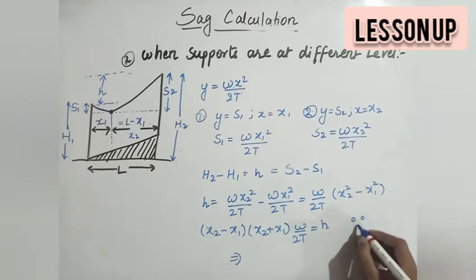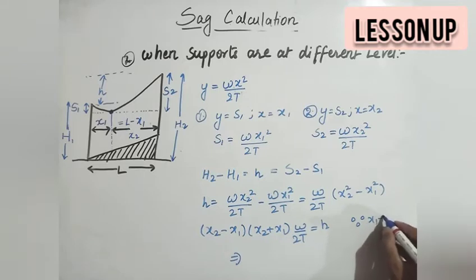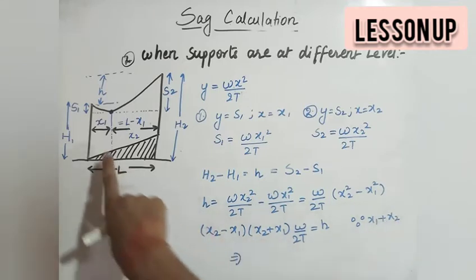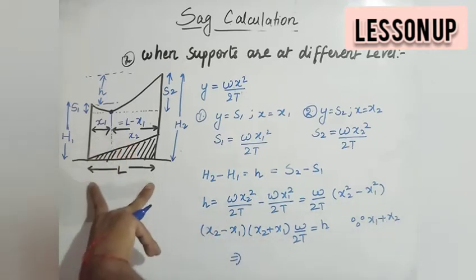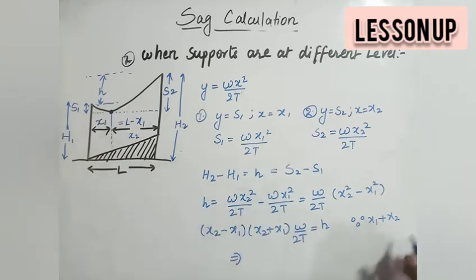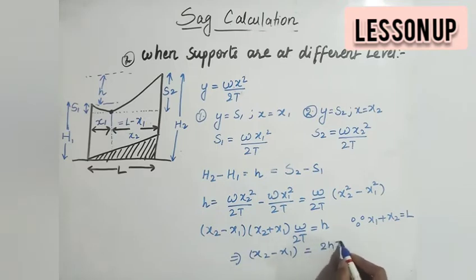Since what is x1 plus x2? x1 plus x2 is L, the length of span. So we will write x2 plus x1 is equal to L. So we will get x2 minus x1 is equal to 2ht divided by L into W.